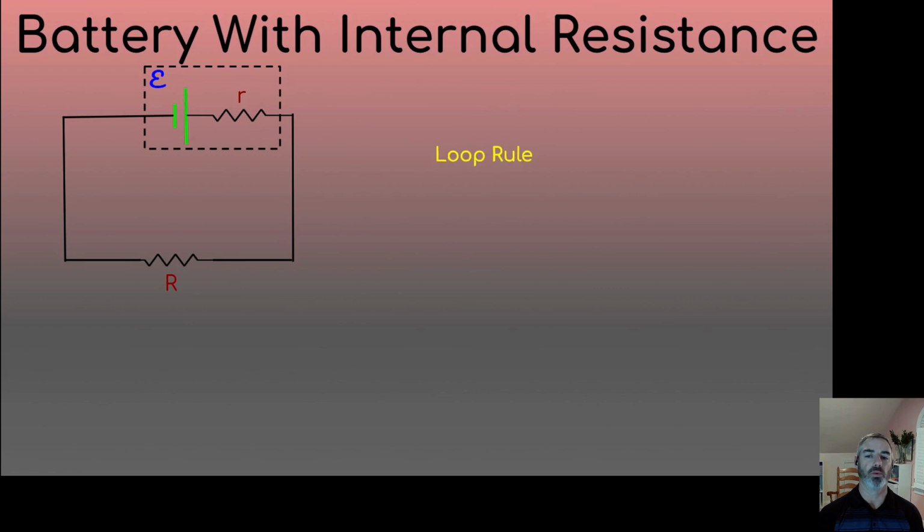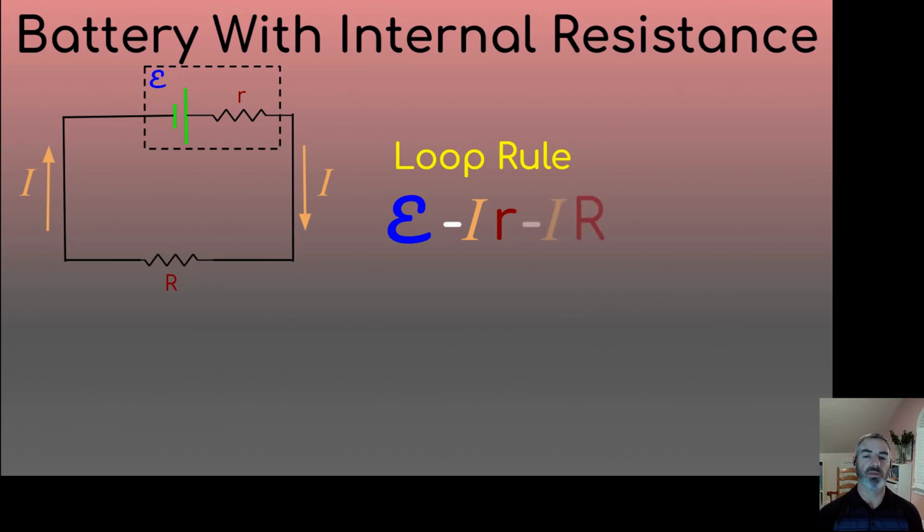So we're going to write a loop rule equation. So the EMF of the battery minus the potential drop through the battery because it has an equivalent resistance, and we know that it's in series, so the current's going to be the same all throughout the circuit. So we can subtract, using Ohm's law, I times R, and that's the internal resistance of the battery, minus I times R of the resistor, and we know that's going to equal 0.